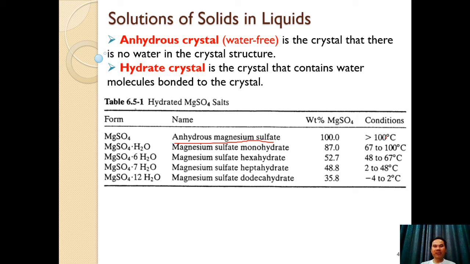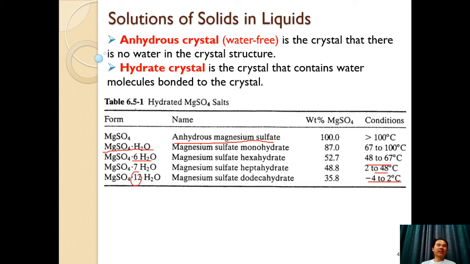It's one molecule of water like this. And also, magnesium sulfate hexahydrate is 6 molecules of water. And at another temperature, at a very low temperature, you will get the magnesium sulfate hydrate with about 12 molecules of water.